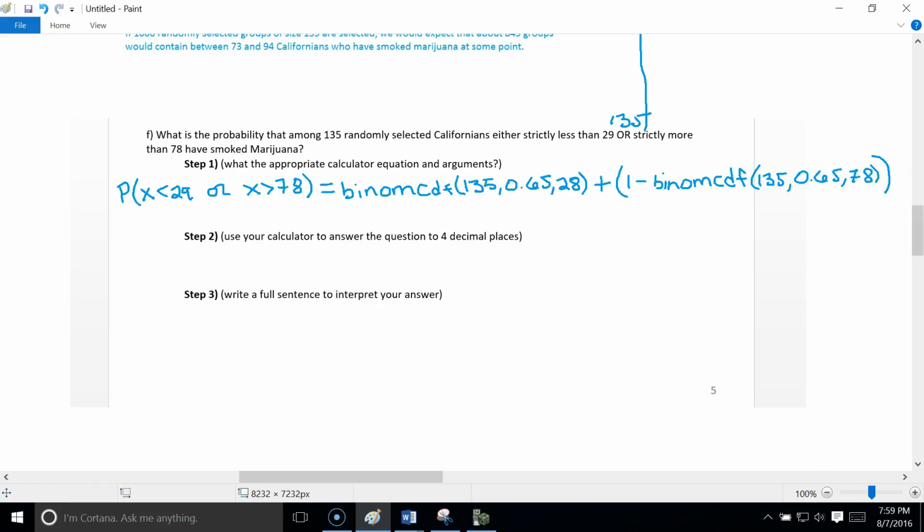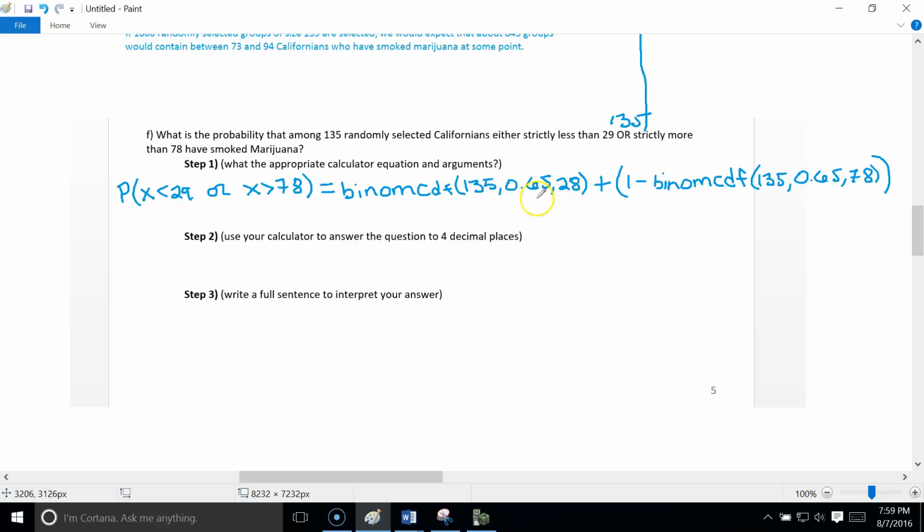Okay, notice that we have probability that x is strictly less than 29, which means that we want to include the values from 0 all the way up to and including 28, and that's what this part of the statement will give me, binomial CDF of 135, 0.65, 28.